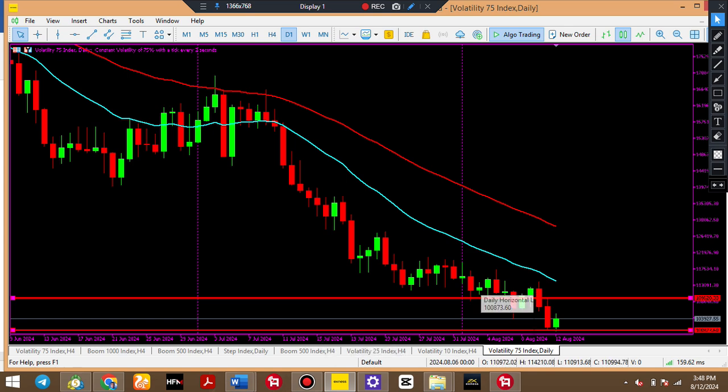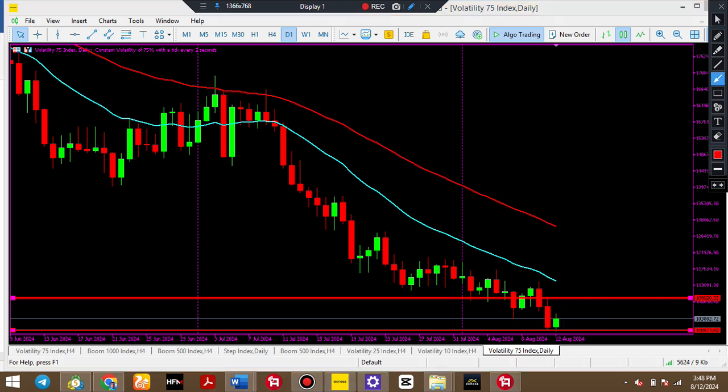Exactly. But if there's any reason for you to take a counter entry based on technical analysis, it is welcome. It might be as a result of a pullback here, because despite that this trend is down, we can still see instances where we have some kind of bullish candle towards the upside.